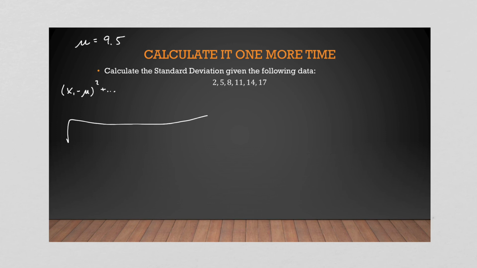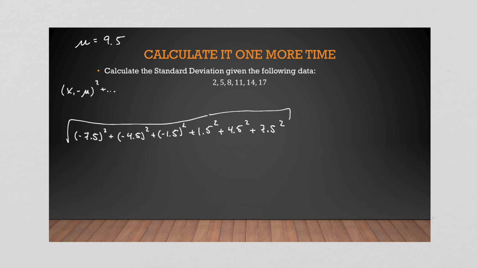If you do 2 minus 9.5, we're going to have negative 7.5 squared, and then 5 minus 9.5 is negative 4.5 squared, and then we're going to have negative 1.5 squared, and then positive 1.5 squared, and then positive 4.5 squared. And you can see a little pattern here, and then positive 7.5 squared.